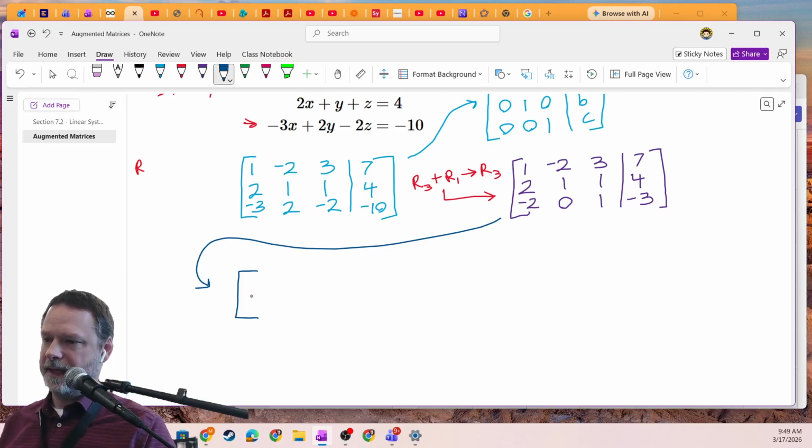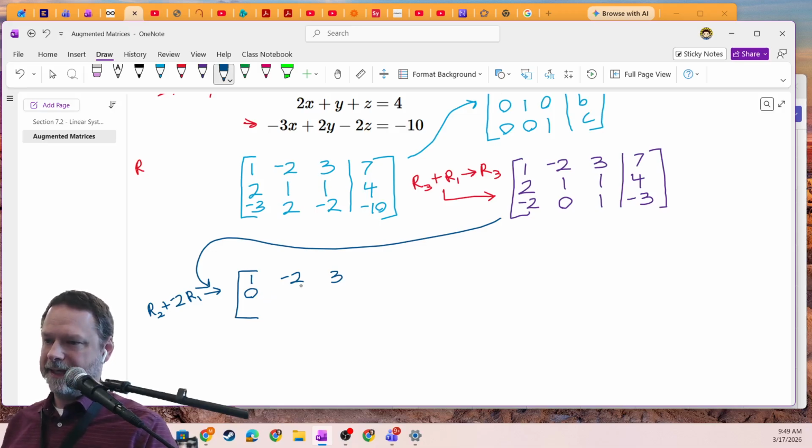So that, and I add that, it'll be 0 here. Oh, so the top one is not going to change. 1, negative 2, 3. And let's see, what am I doing? I'm doing the middle one. So I'm doing row 2 plus, or well, I guess plus negative 2, row 1.